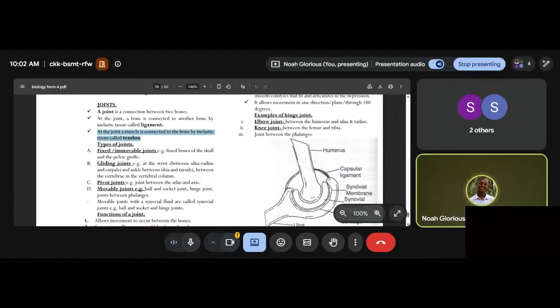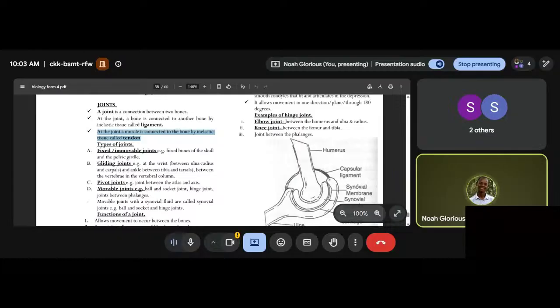You can also read for us this one here. At the joint, a muscle is connected to the bone by inelastic tissue called tendon. So what is a tendon?